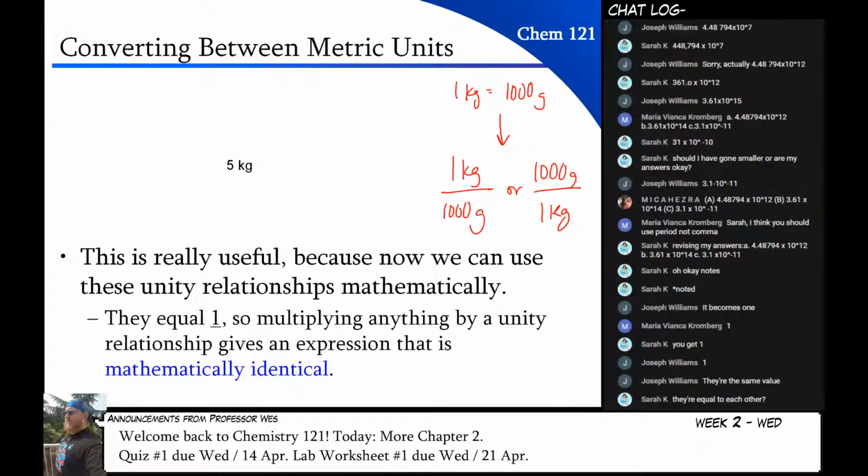But what I want to do is set up my units so that they cancel each other out. So if I use 5 kilograms and then I multiply by one of these terms, I'm going to pick this one because the kilograms are on the bottom here. Then what happens? Well, this kilogram cancels with this kilogram, and I get the answer 5,000 grams because it's 5 times 1,000 grams.